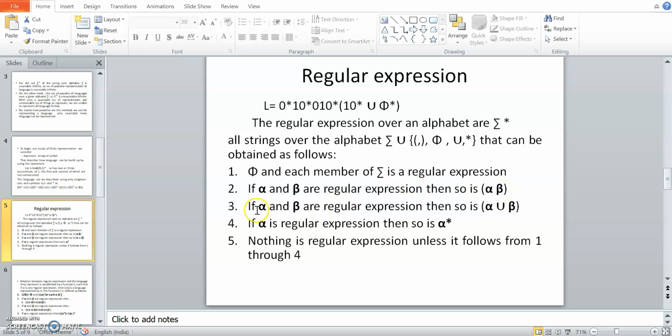If alpha and beta are regular expressions, then so is alpha union beta. The fourth rule says that if alpha is a regular expression, then so is alpha star. Nothing is a regular expression unless it follows from 1 to 4. So to write a regular expression, you are supposed to follow only these 4 rules. If it belongs to one of the 4 categories, then it is called a regular expression.